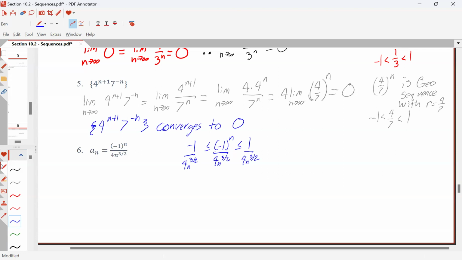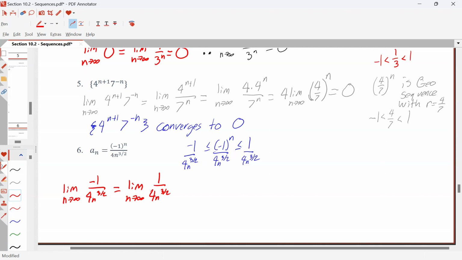Both of these are functions we already know how to take the limits of. The degree of the denominator is bigger, meaning the limit as n goes to infinity of -1 over 4n to the 3 halves is also equal to the same limit as n goes to infinity of +1 over 4n to the 3 halves.